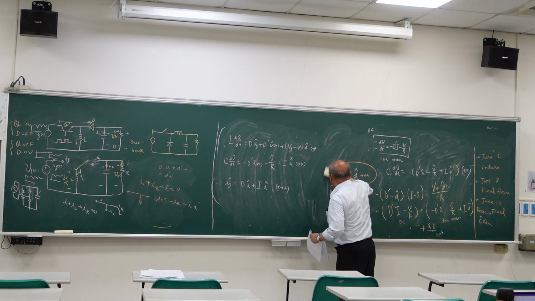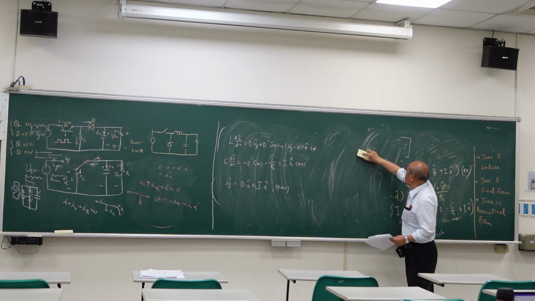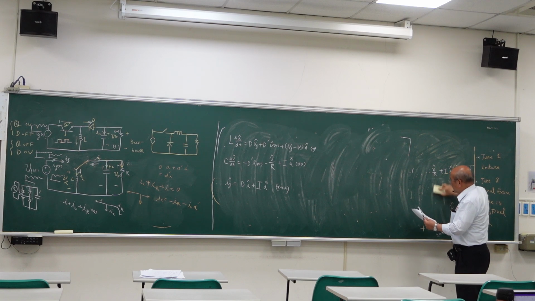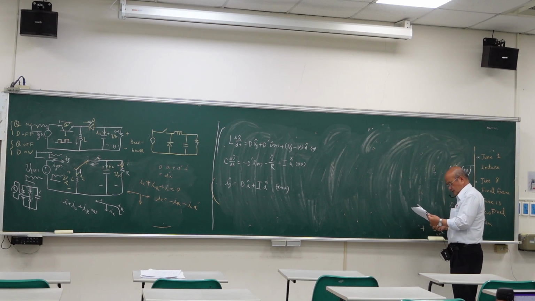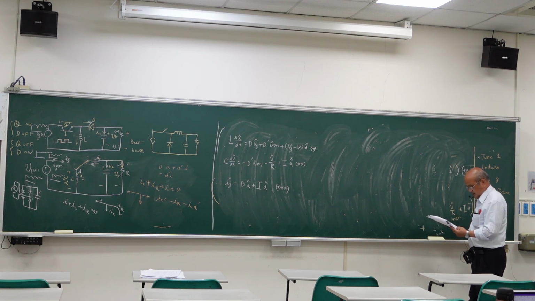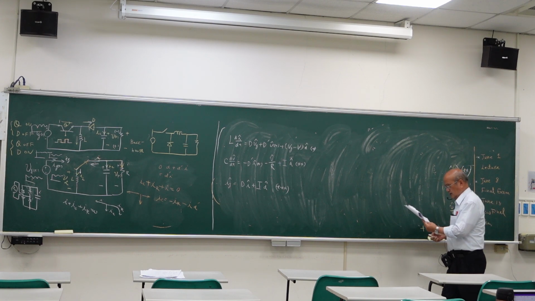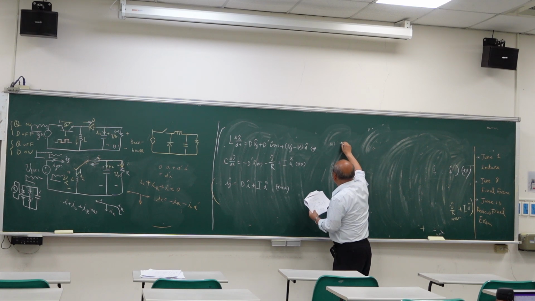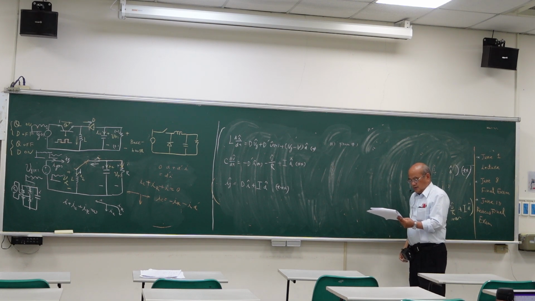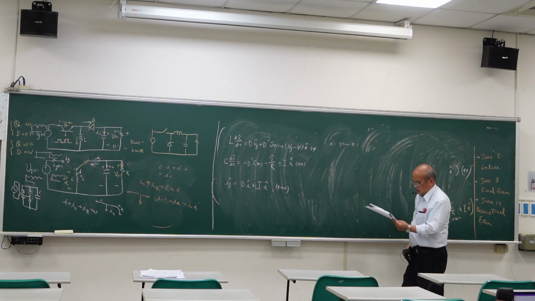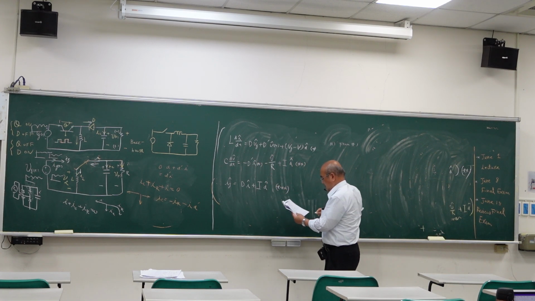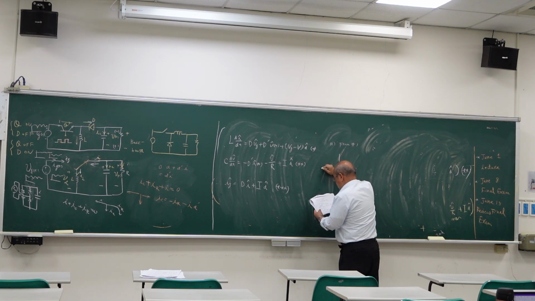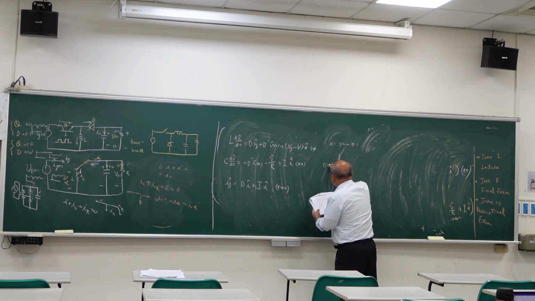So how can we draw this circuit? We will start with the first equation. We have D Vg hat.